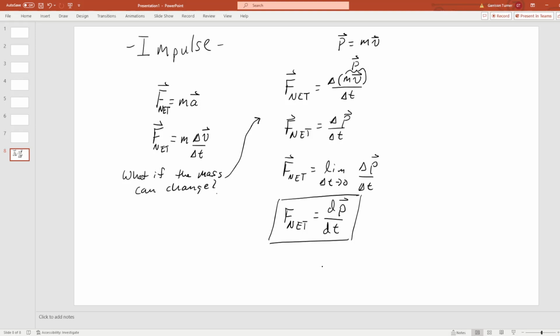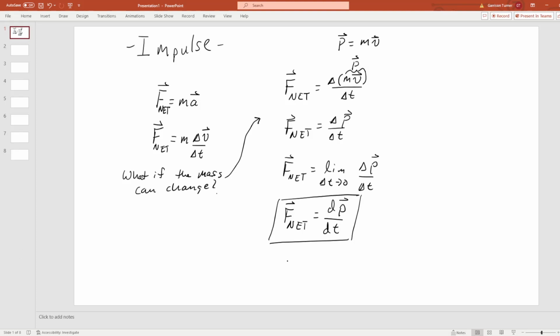And when that happens, we say that your net force doesn't just cause an acceleration, but it causes a change in momentum. It causes a change in momentum.